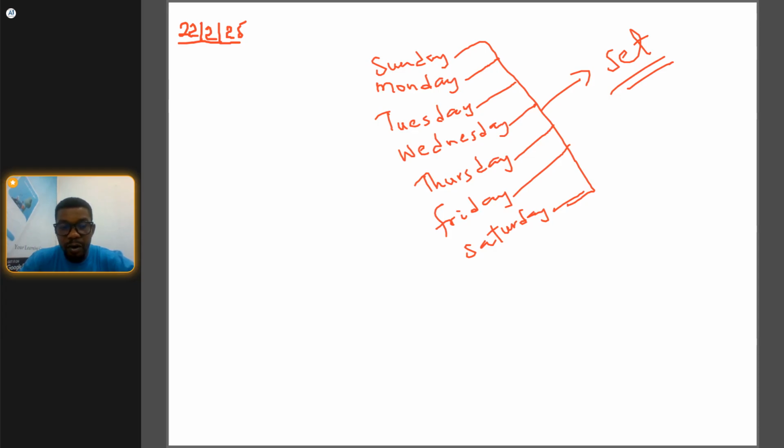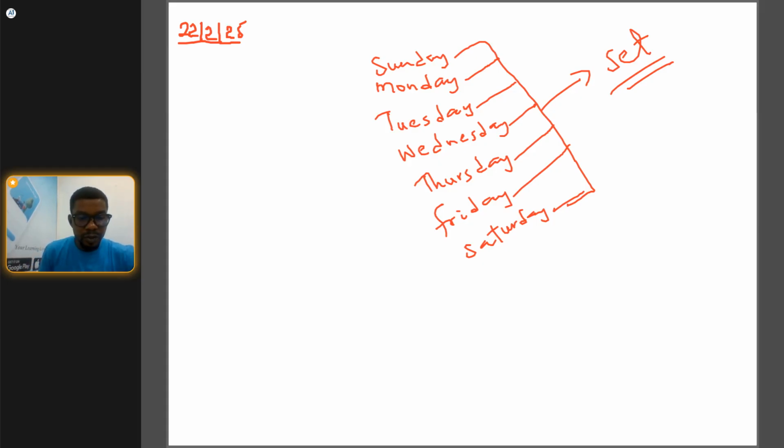If you also consider the months in the year, it is also a well-defined object. If we consider the names of presidents in Africa, it is also a well-defined object. If you consider the states in Nigeria, it is also a well-defined object. So set is the collection of well-defined objects.